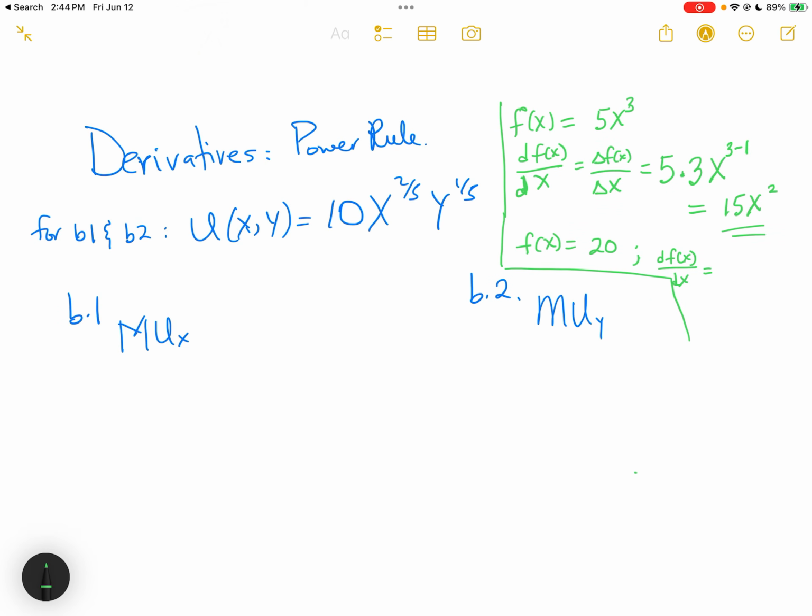Really, well, there is, but it's x to the power 0. X to the power 0 is 1, right? So, well, 20 times 0 times x. Zero.